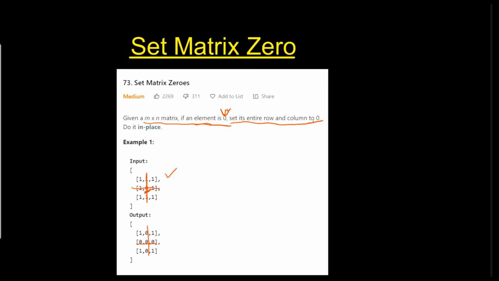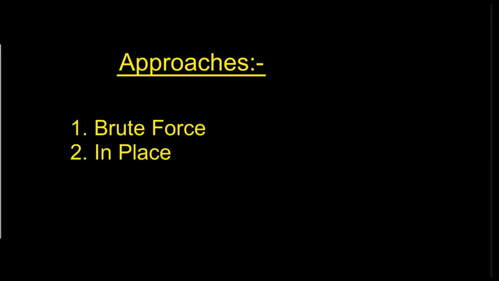Here the major constraint is to do it in place, that is in the same memory. What if we don't have such a condition? Let's see. In that case, I'll be using brute force.